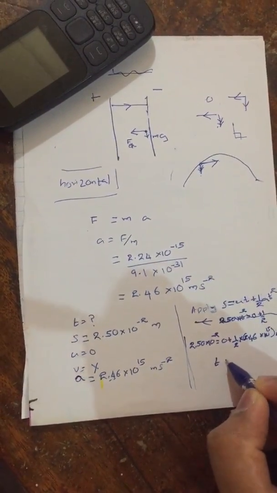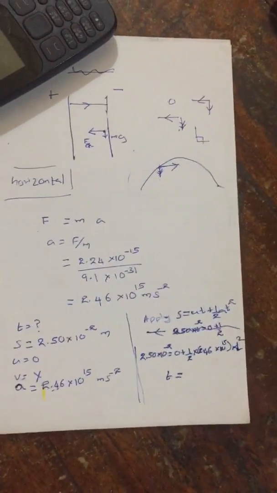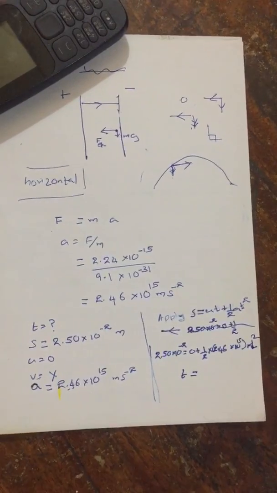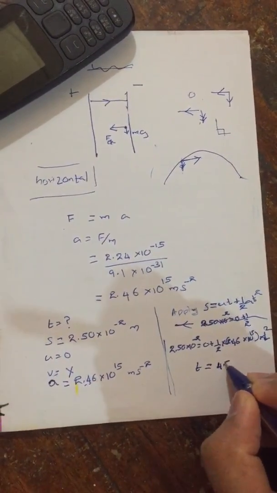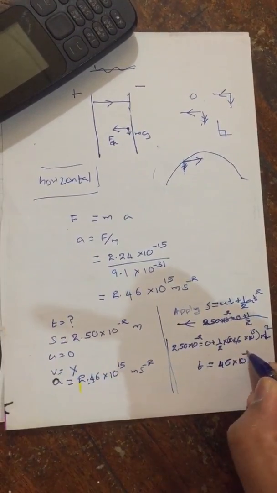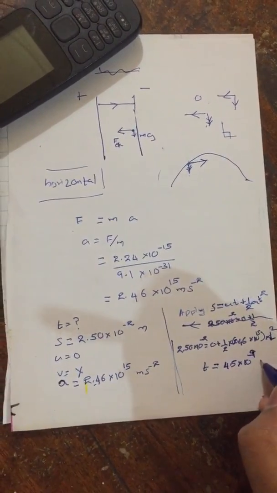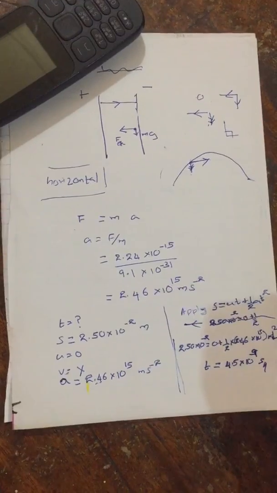Do the math and you will land on an answer. T is equal to 4.5 times 10 to the power minus 9 seconds.